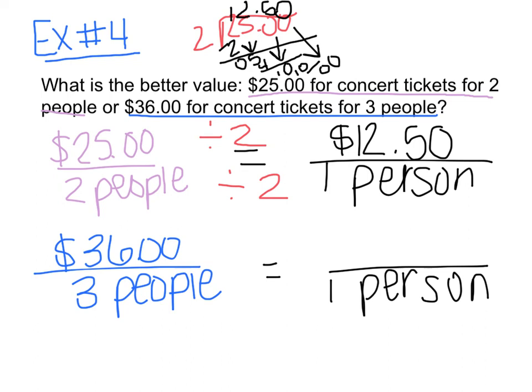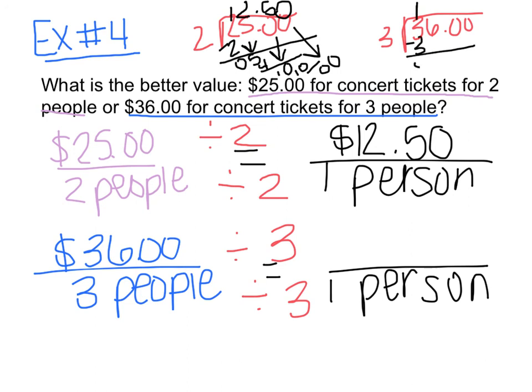Now we do the second one. To go from 3 people to 1 person, we divide by 3. So we're dividing our top number by 3. So $36 divided by 3. 3 goes into 3 1 time. Bring down the 6. 3 goes into 6 2 times. Bring that decimal up.